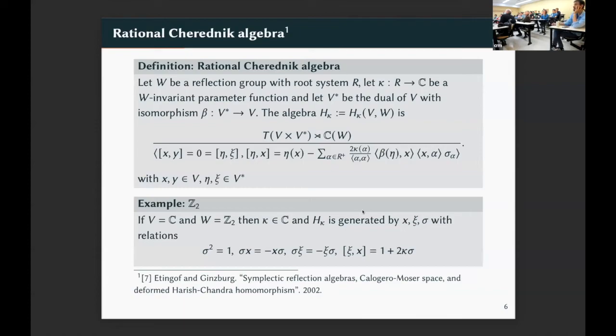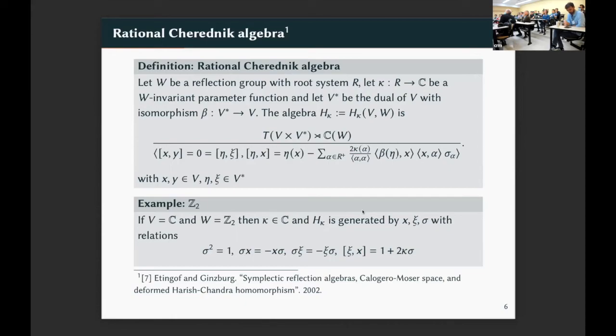For the rational Cherednik algebra, we have multiple presentations. The one I'm presenting is: you take your V, your Archimedean field, you take your dual space V* according to your bilinear form, and you have reflection groups. So you take the group algebra of W, the reflection group W, and you have a certain W-invariant parameter function kappa that goes from the root system to C. You take a tensor product of V and V*, you smash product with the group algebra, and you quotient by a lot of relations.